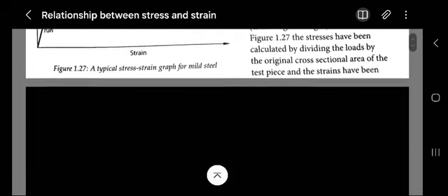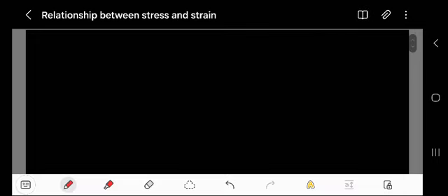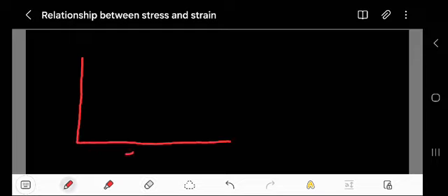Typical stress graph. Remember, there we had strain here and stress here.